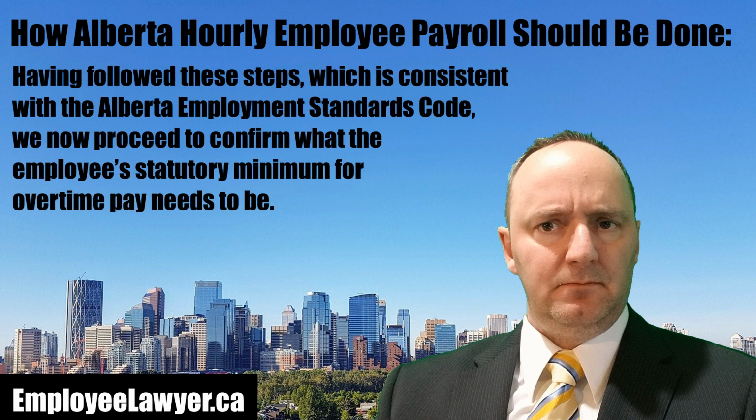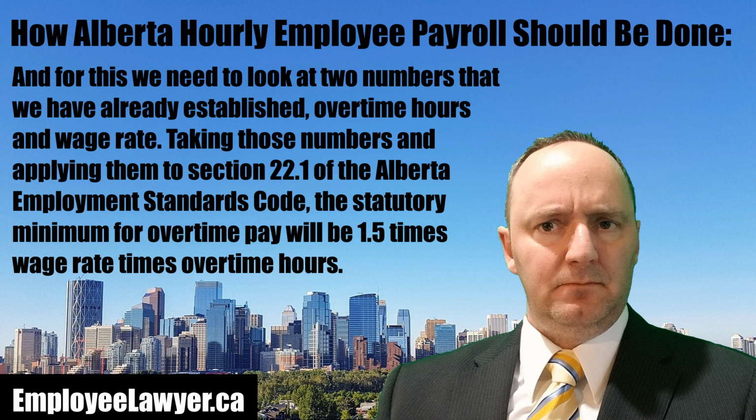Having followed these steps, which is consistent with the Alberta Employment Standards Code, we now proceed to confirm what the employee's statutory minimum for overtime pay needs to be. And for this, we need to look at two numbers that we have already established: overtime hours and wage rate.